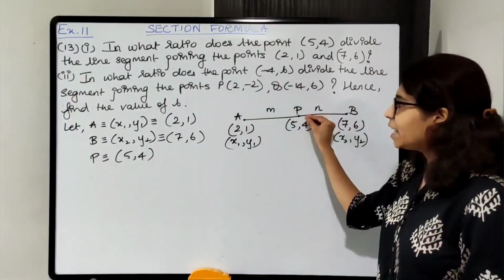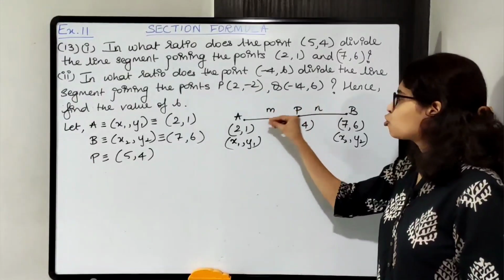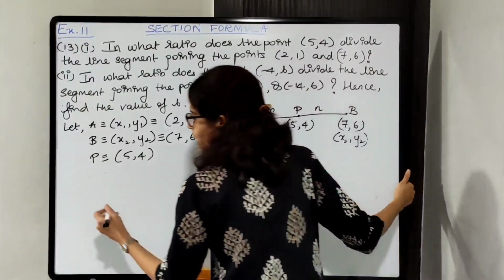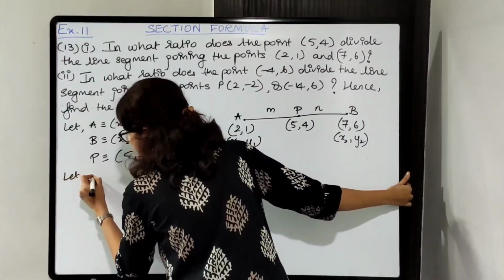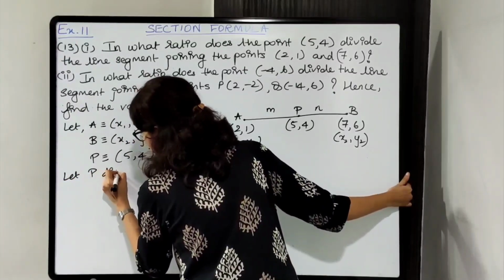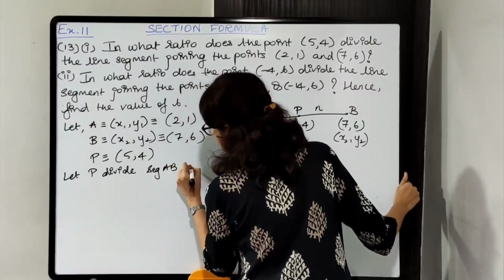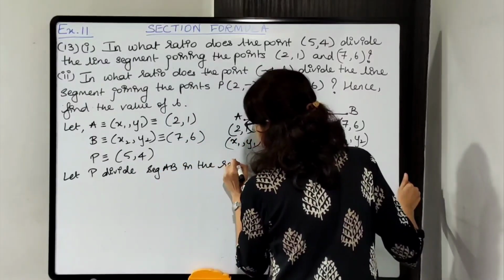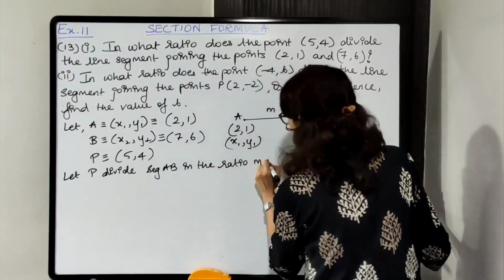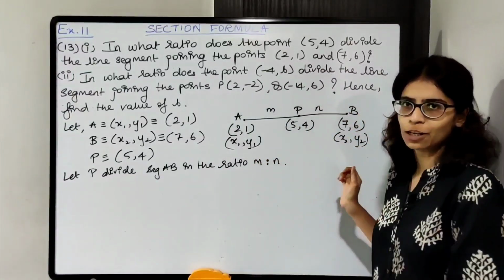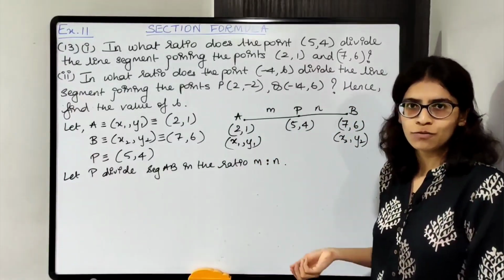Now let P divide segment AB in the ratio m is to n. So write down: let P divide segment AB in the ratio m is to n. We have to find out m and n. We'll use the section formula.